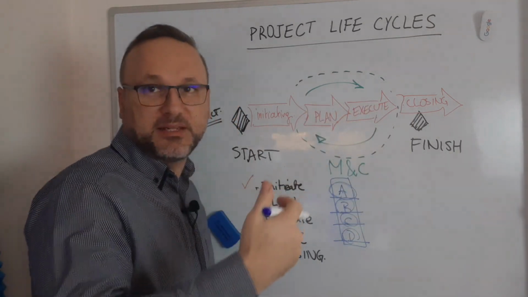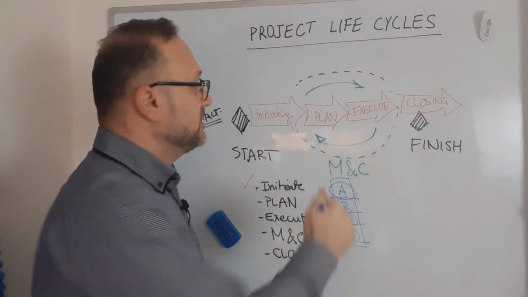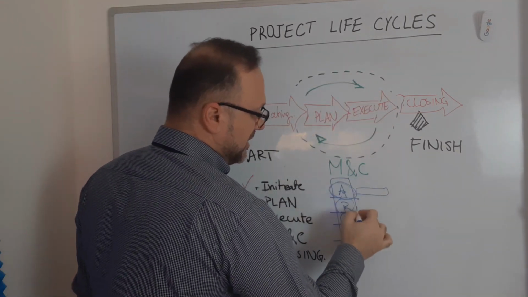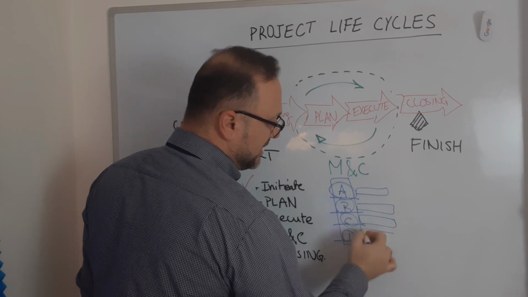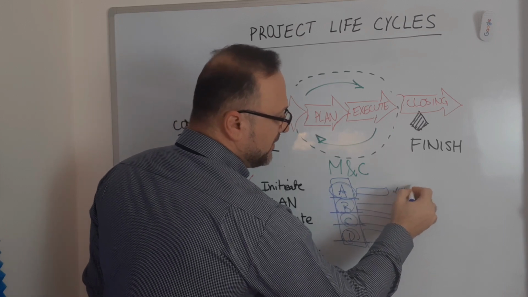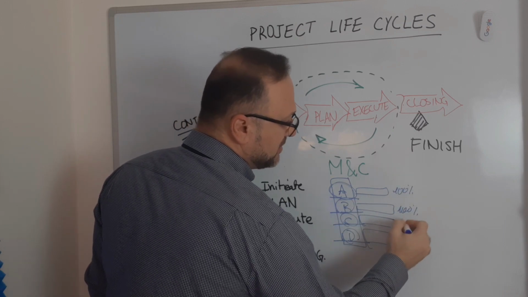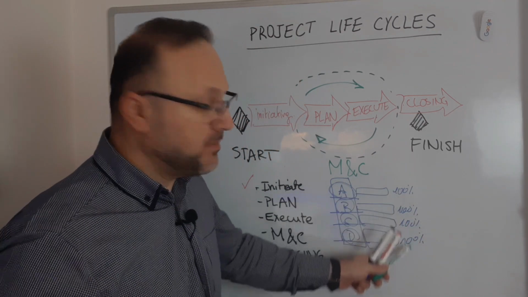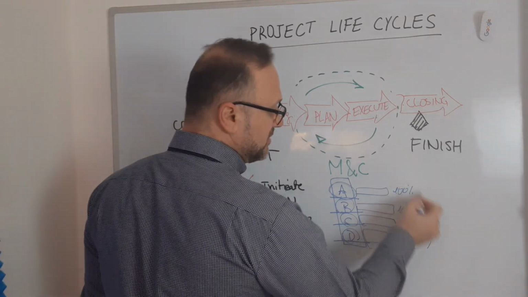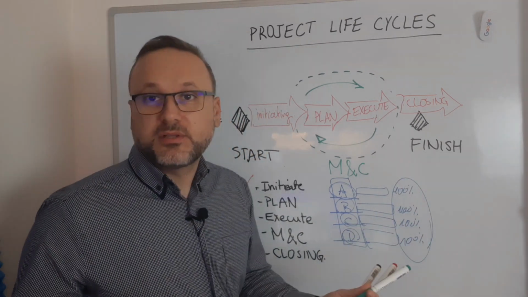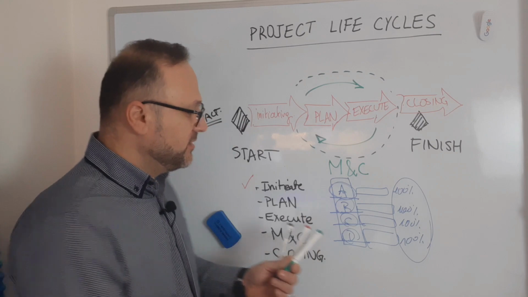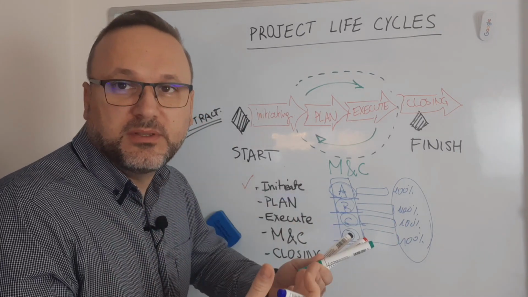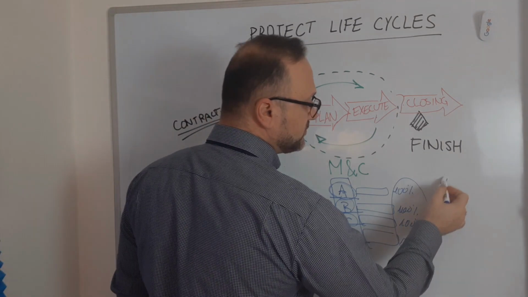Okay, let's replan it and re-execute it, and keep doing this until activity A, B, C, and D are all done 100%. When all project scope is completed 100%, you don't have anything else to do. You completed these activities and you delivered what you need.